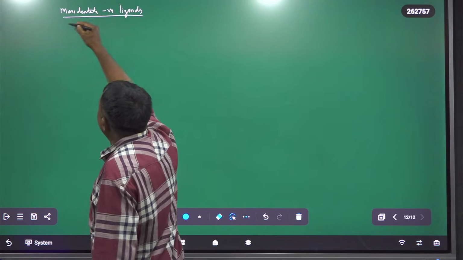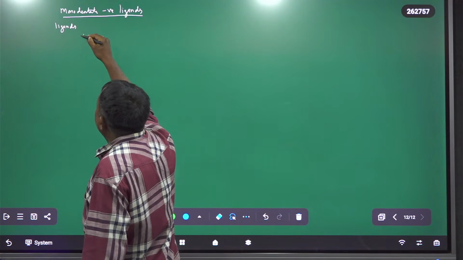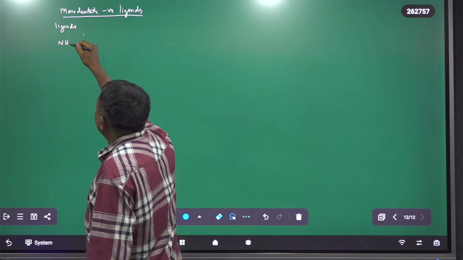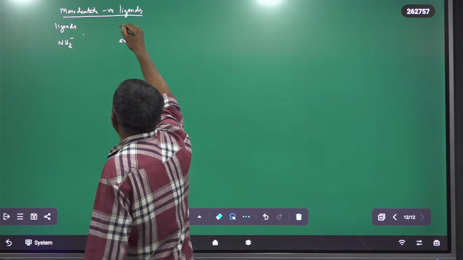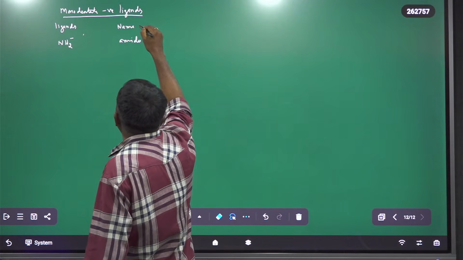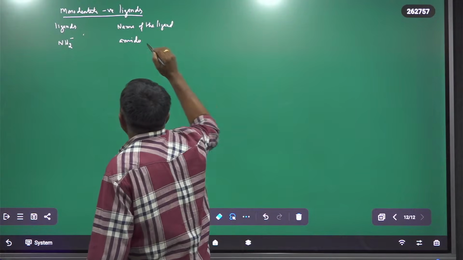Monodentate negative ligands, for example, NH2 minus. This is the amido. The name of this ligand is amido.